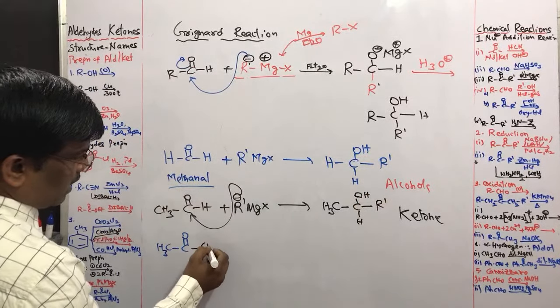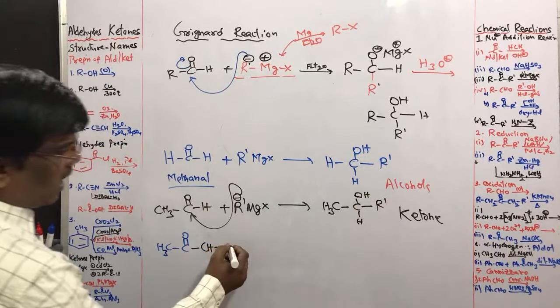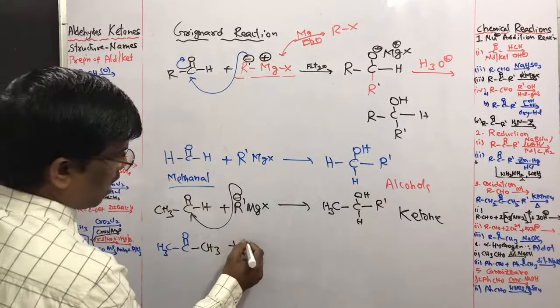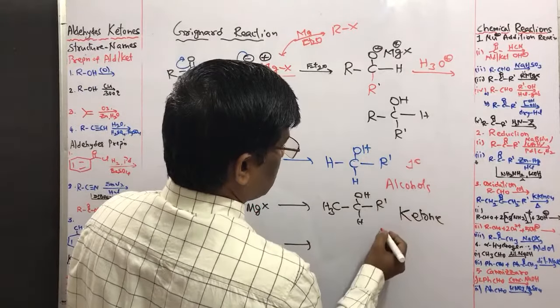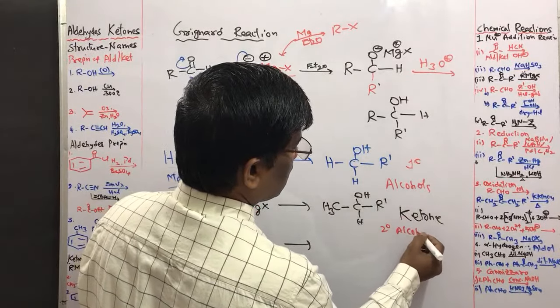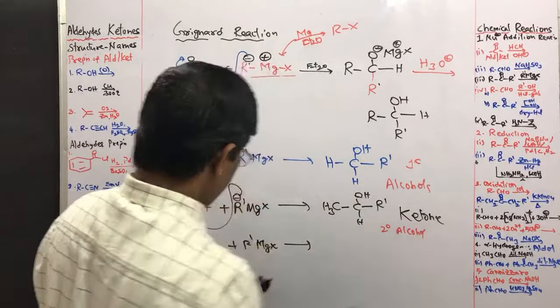And when I take a ketone here itself and do the RMgX reaction, this is primary alcohol, this is secondary alcohol, and when I take a ketone and do Grignard reaction, I am going to get CH3 and CH3.